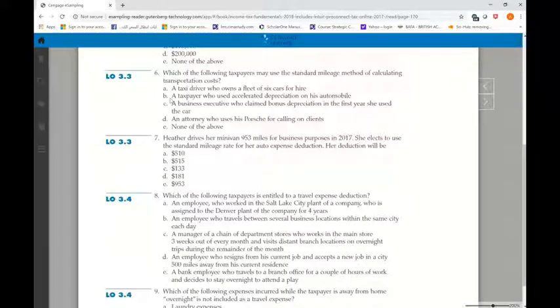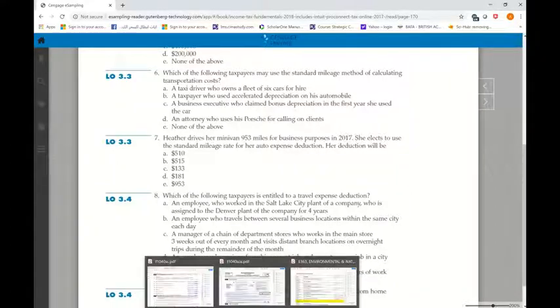For question 6: which of the following taxpayers may use the standard mileage method of calculating transportation cost? A driver who owns a fleet of 6 cars.